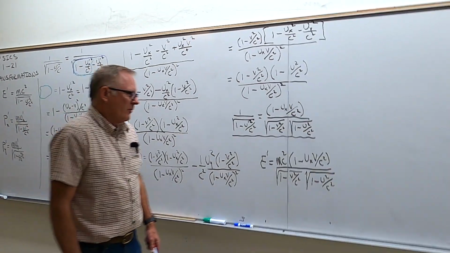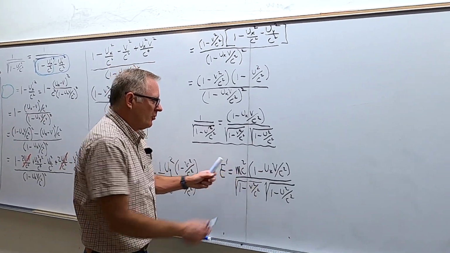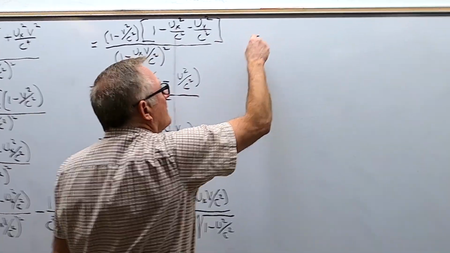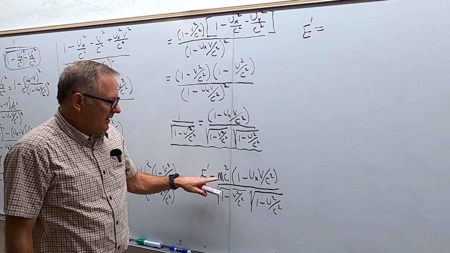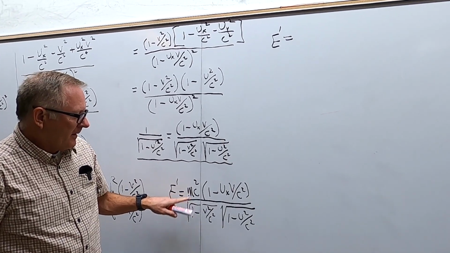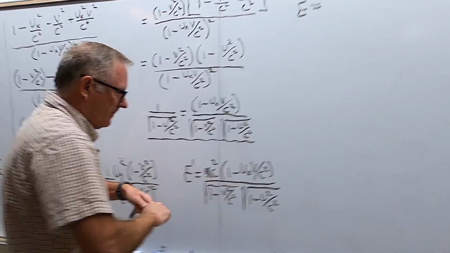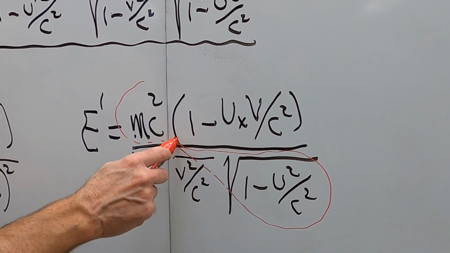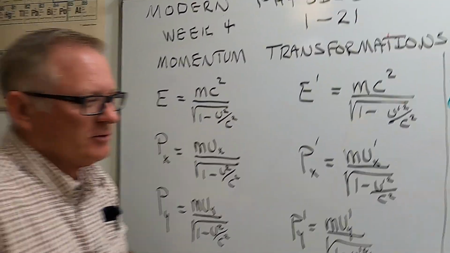Okay, and I think I will write this in terms of two terms, this term and that term right there. So E prime is equal to, first thing I have is mc squared divided by these two terms. But mc squared, this right here, is just my E. Remember, E was mc squared all over the square root of 1 minus u squared over c squared.